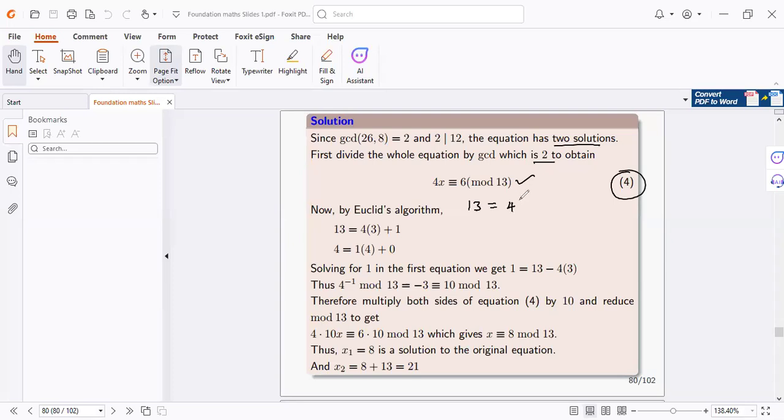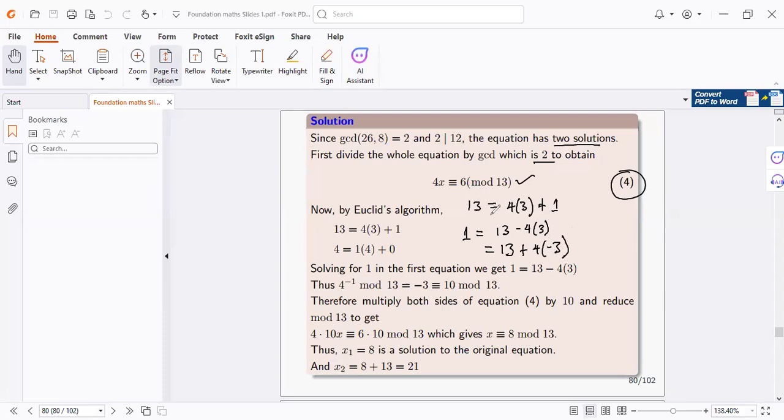And 4 goes there 3 times. And the remainder is 1. So we cannot proceed because we've already reached the GCD. We just make this 1 the subject of the formula. This 1, therefore, is the same as 13 minus 4 multiplied by 3, which we can also write as 13 plus 4 multiplied by negative 3.